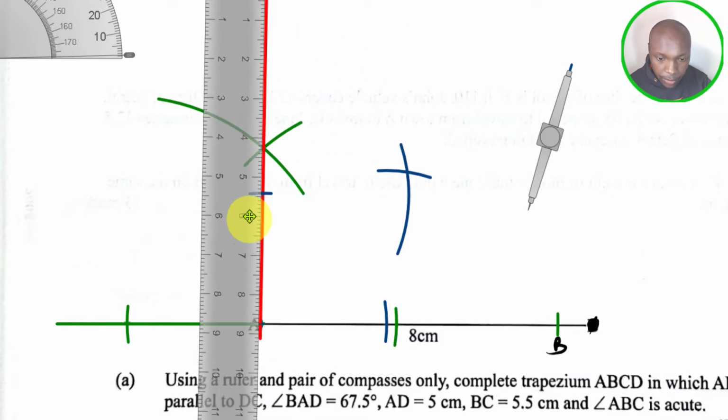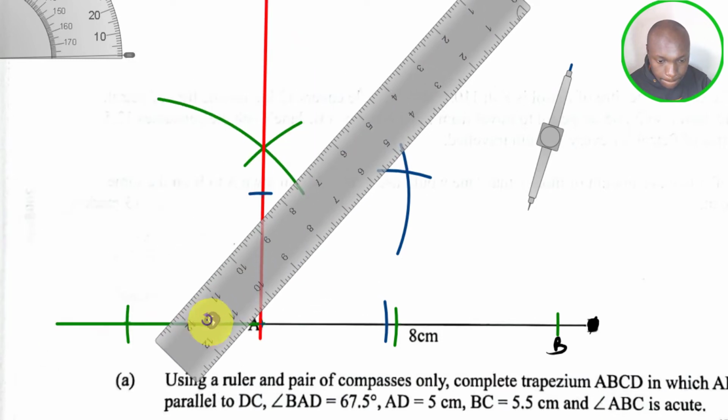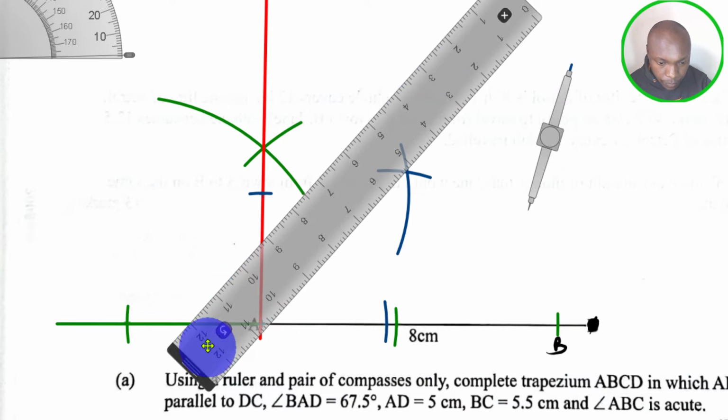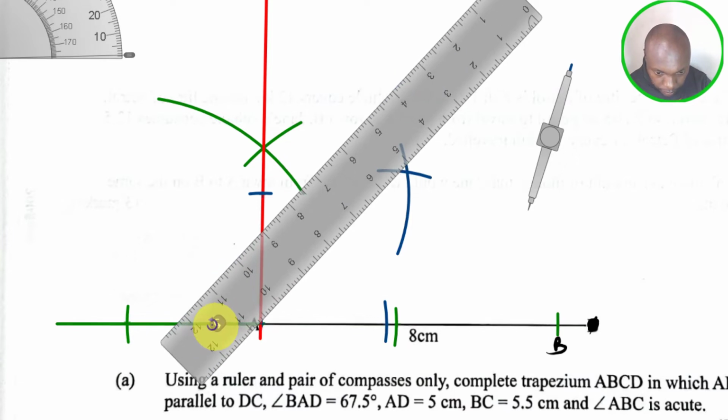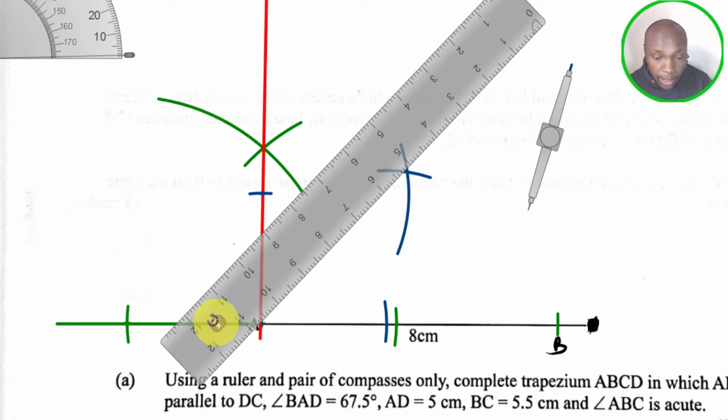Then you take a ruler and you join. You must ensure that the line passes through the center of the intersection of these arcs. It should be exactly at the center. So let me make a straight line now.